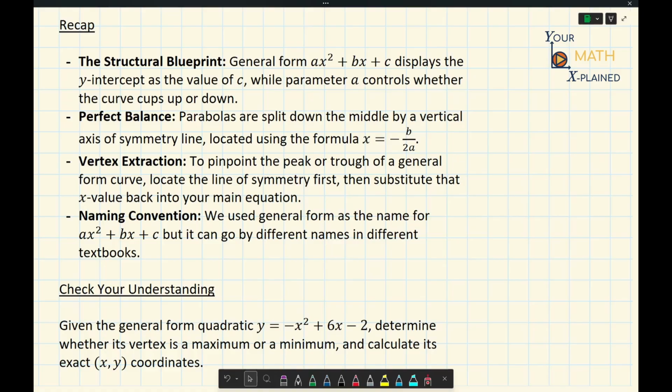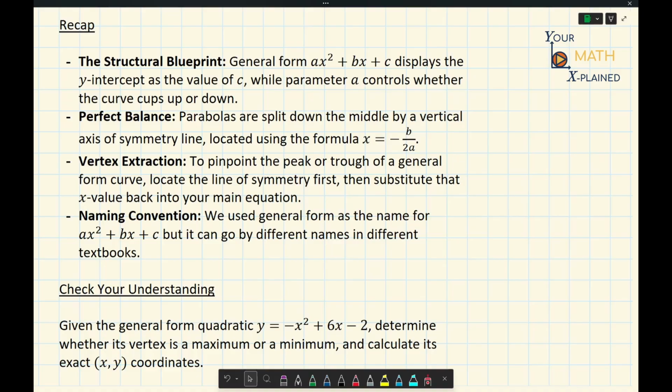We also learned that parabolas are symmetrical on the left and right, and that line straight down the middle is called the axis of symmetry, and we can find it using the formula x is equal to -b over 2a. And once we find that axis of symmetry, we can use that x value to find the coordinates of the vertex, because the vertex always occurs on that axis of symmetry.